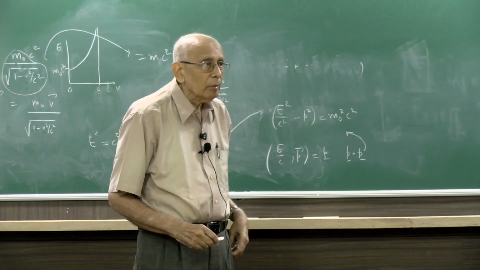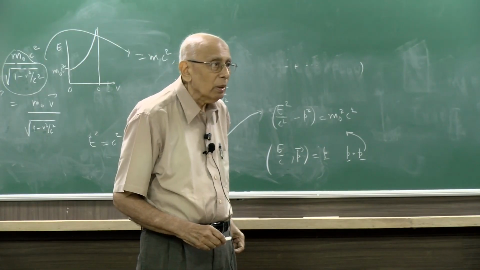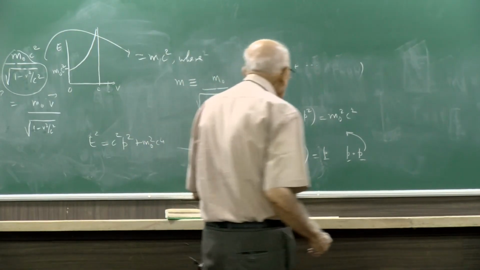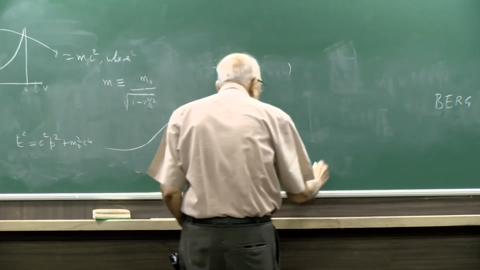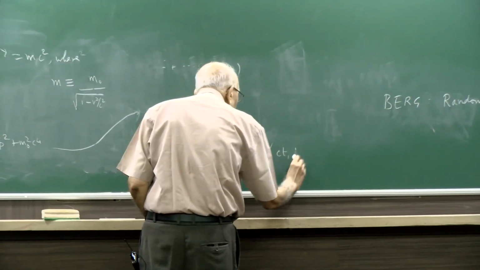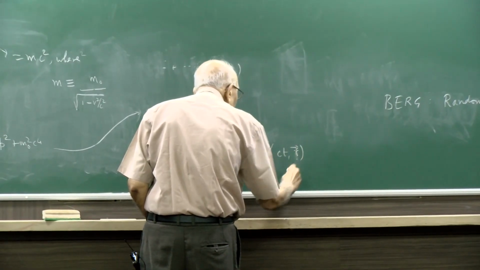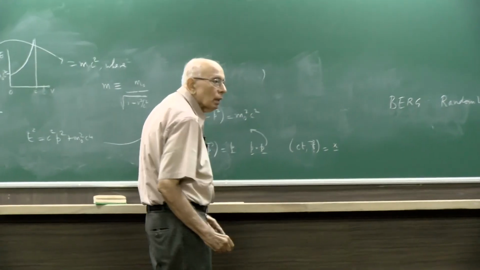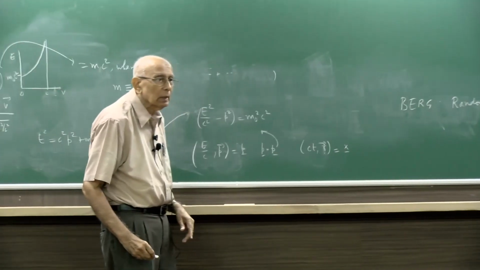So that mixing up of space and time was what led people to call it the fourth dimension. The analog of this relation here is that ct and the position vector r form a 4-dimensional space-time coordinate, denoted by x, for instance.